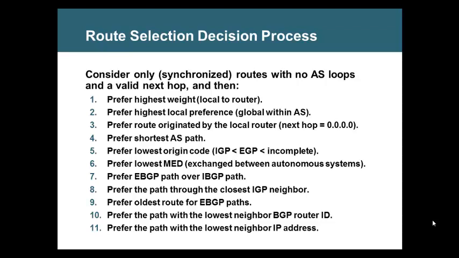So if you are not going to tune, then it will do the iteration against this list 1 to 11, and sometimes it may choose based on, it depends on the topology, attribute 8 or 9 or 10 or 11, or sometimes based on 4, shortest AS path.